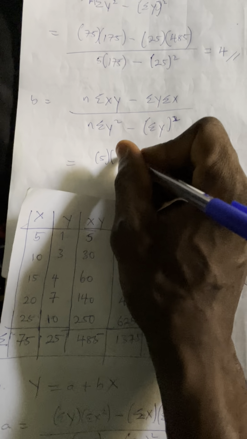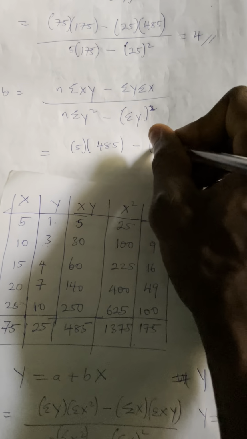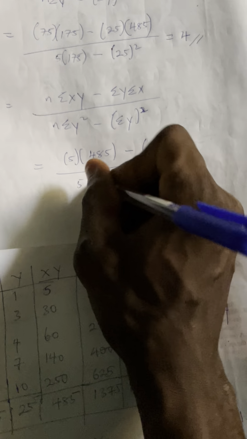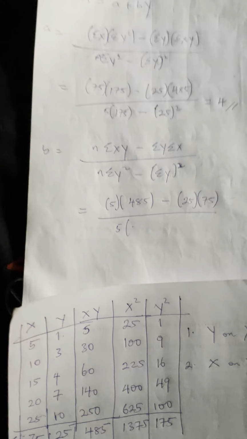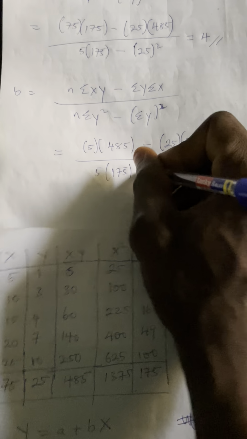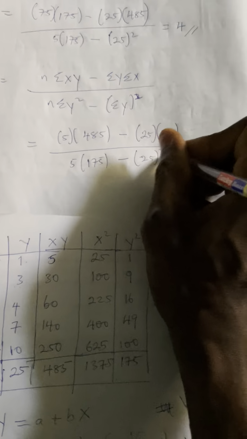Summation xy, that's 485, minus summation y, that's 25, summation x is 75, all over n is still 5, bracket summation y square, that's 175, minus summation y, which is 25, all square. The final answer here should give us 2.2.